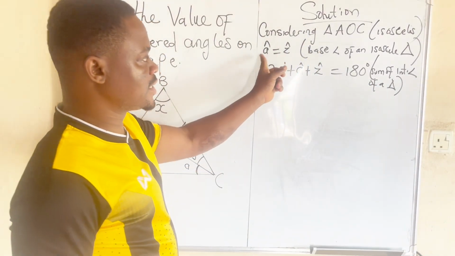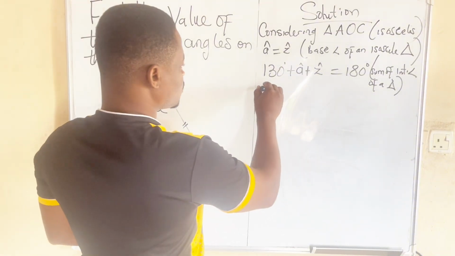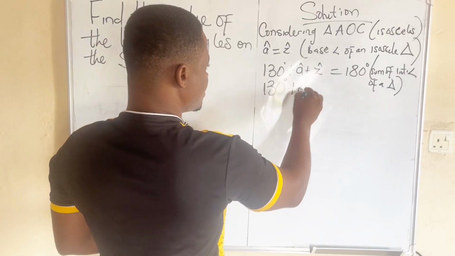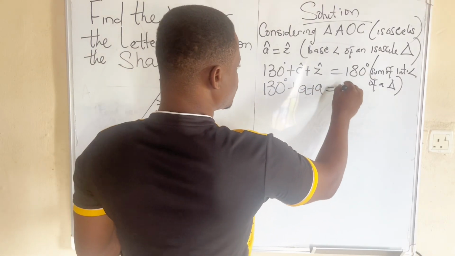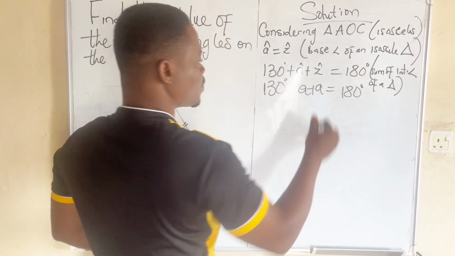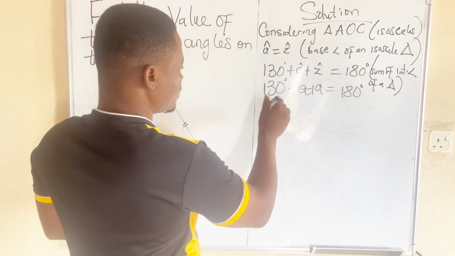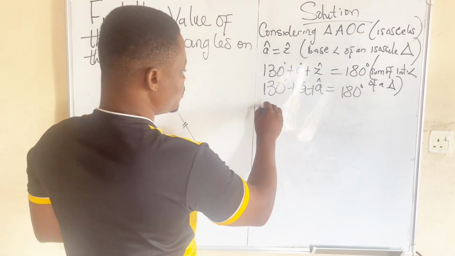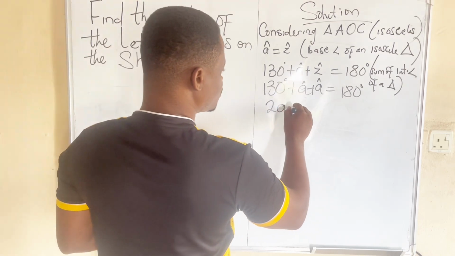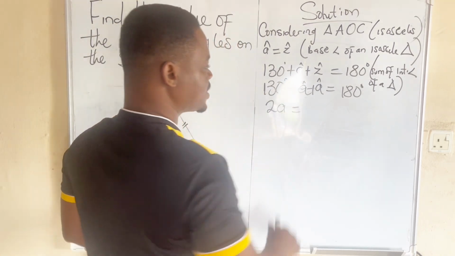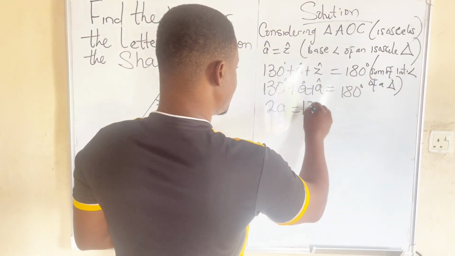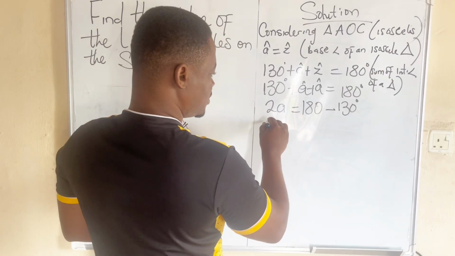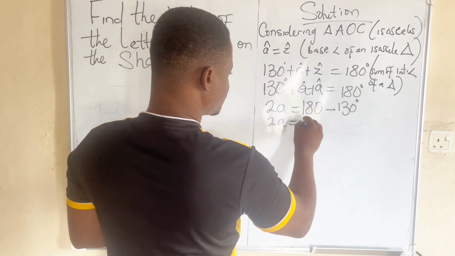We have already established that A is equal to Z. So 130 degrees plus A plus A is equal to 180 degrees, since Z is equal to A. So we have 2A is equal to 180 minus 130 degrees, and 2A is equal to 50 degrees.